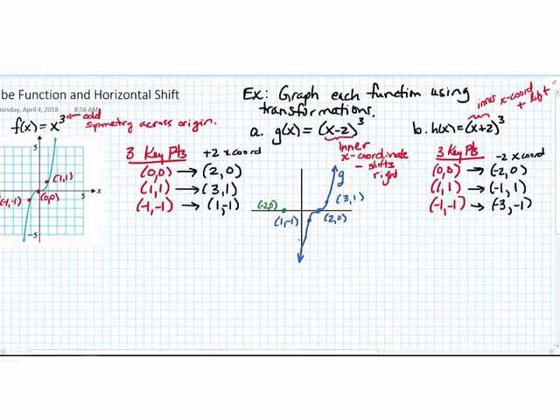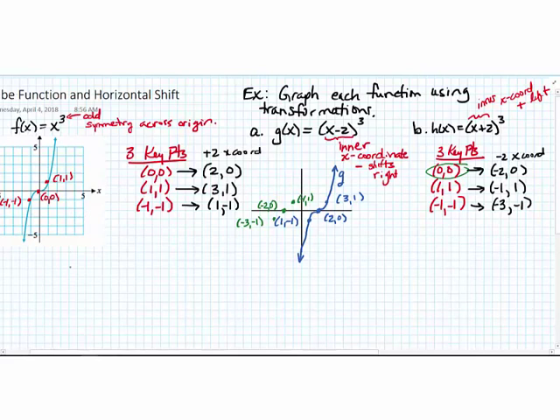I'm going to go through negative 1, 1. And I'm going to go through negative 3, negative 1. Again, if you didn't know that you were graphing a cube function, that would look like a straight line. But we know that that negative 2 was that special point.